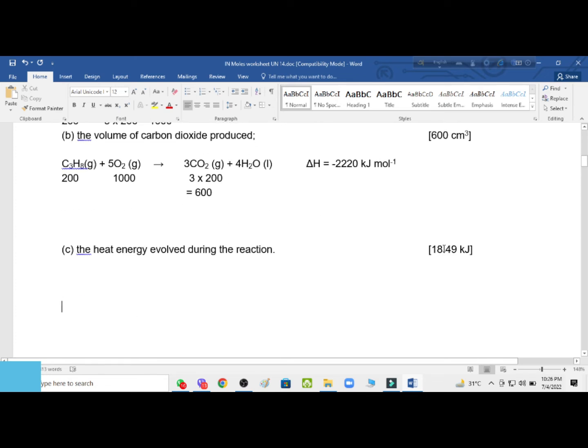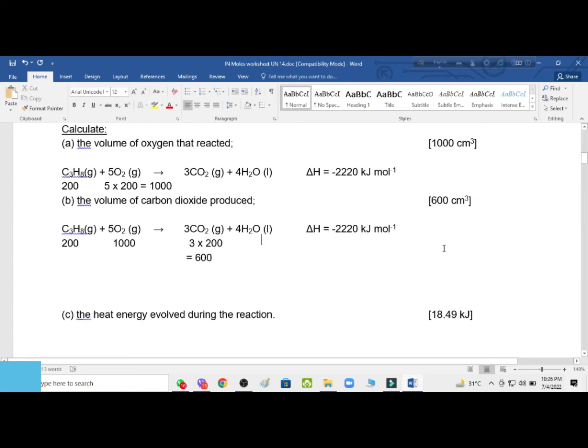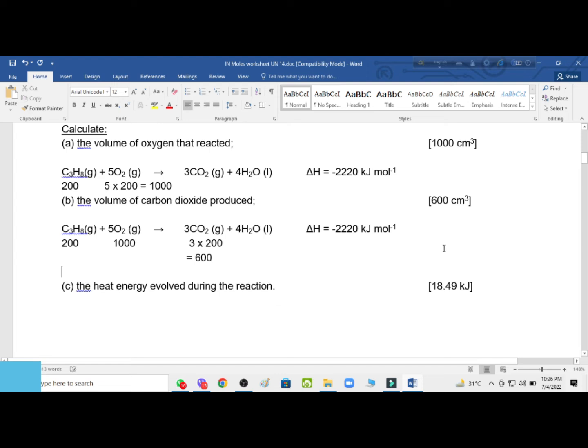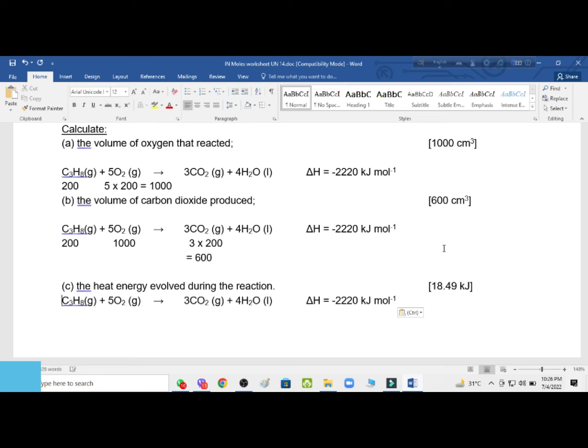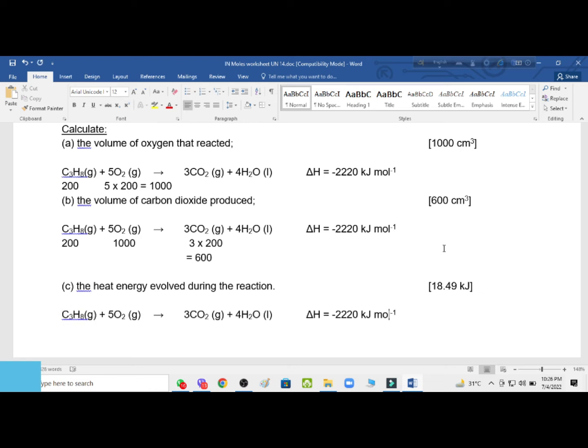Now the next question, the heat energy evolved during the reaction. This may look a little odd to you. This needs knowledge of another chapter, but we still try here. In this question, you get a value of del H. I mean, heat change is given, but this is conditional. This is for 1 mole of the gas. If you burn 1 mole, then you will get this heat only.